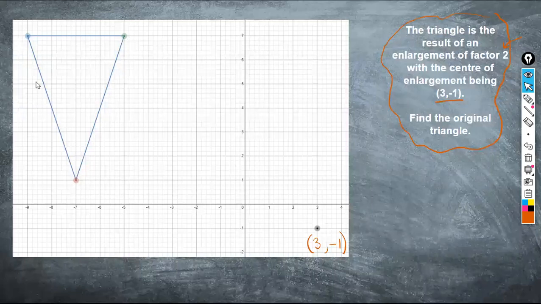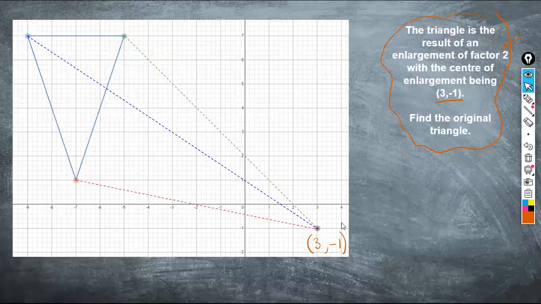You're going to take all the points and connect them back to the center of enlargement. So watch me do this. You see all the points, one by one, I am going to connect them to the center of enlargement.